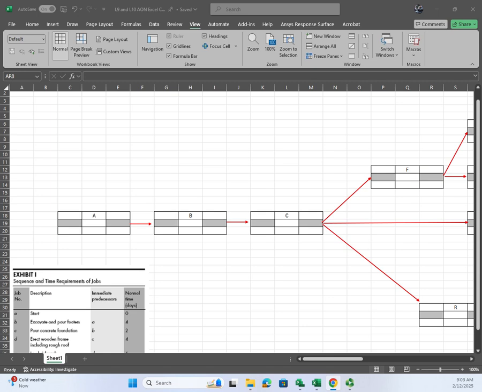When we do this, we take a look at the early start plus the duration, which gives us the finish. So for this one it happens to be 5. Now 5 gets carried forward to those next 3 activities.